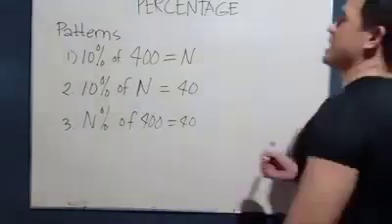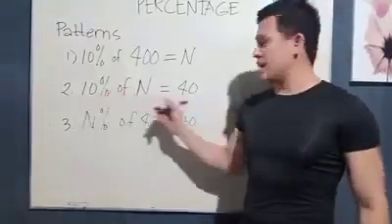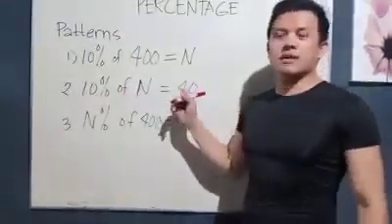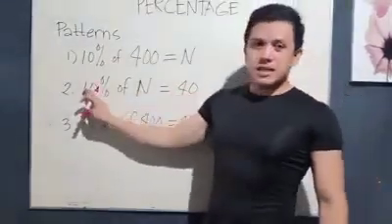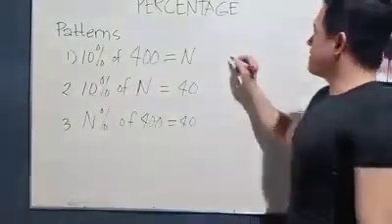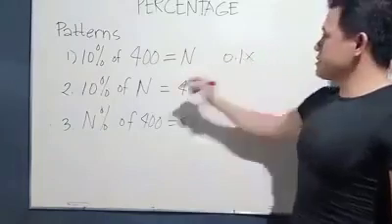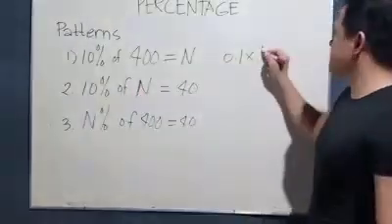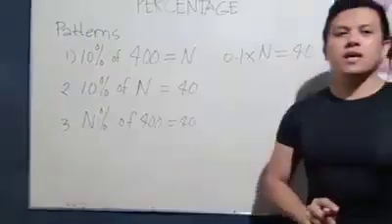Next one, we have, yung next pattern natin, yung amount is unknown, but the percentage is there and also the interest. Okay? Or like the rate. Now, again, si 10%, i-change natin sa decimal place, magiging 0.1. Okay? Then, times, kasi of siya, times n, okay, is equal to 40. Okay, there we go.